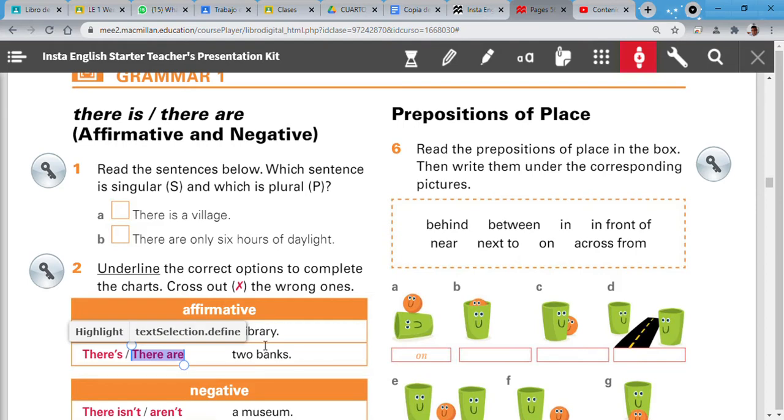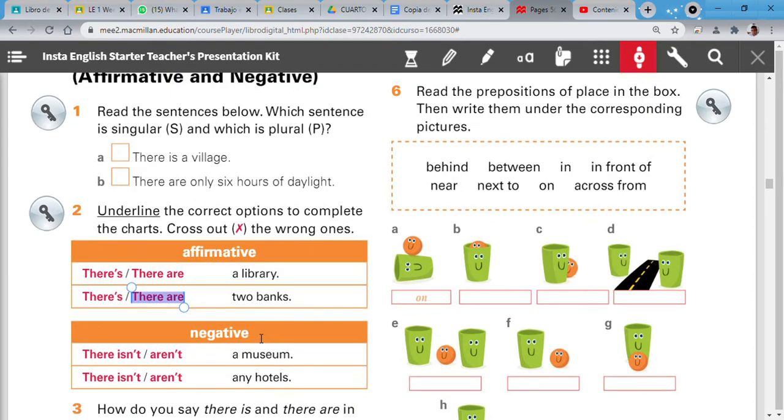Okay, this is affirmative. Now, teacher, what about the negative form? The negative form is very easy. Isn't, aren't, and they have the same rules. For example, a museum. There isn't a museum.